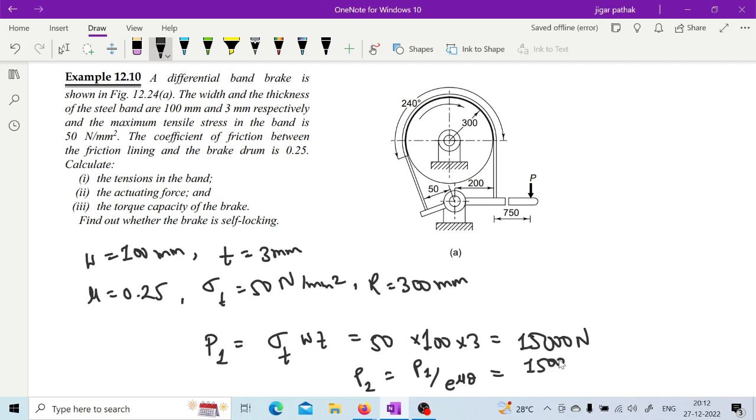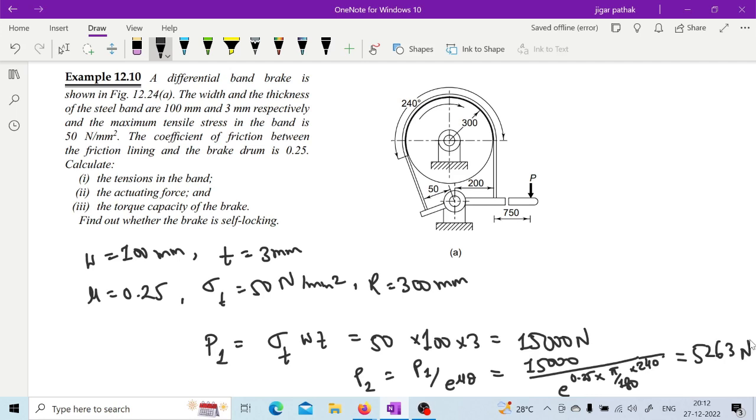So this is 15,000 divided by e raised to 0.25 into pi by 180 into 240, which is the angle of wrap given. So now this P2 will be what? 5292.87 Newton. Sir, 5263 is coming for me. Actually it is coming 5263 only, almost 5263 Newton.